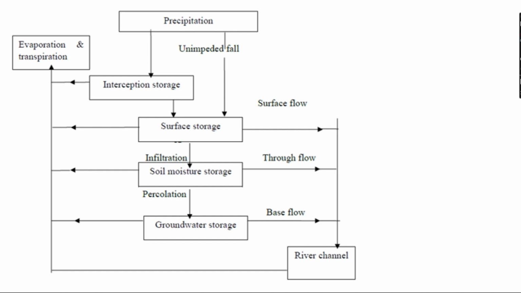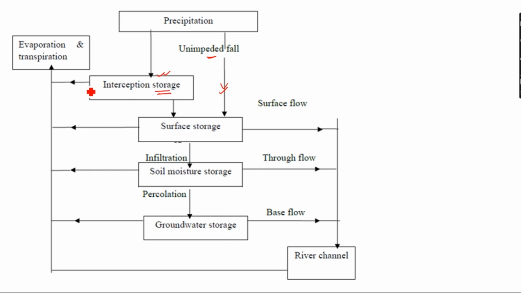They talk about this kind of a model which contains inputs, we have flows, we have storage, we have outputs, those four things. So once it rains, you can see when you have an impeded fall, this is what I was talking about as throughfall. Then we have interception. Interception is referred to as storage because the water will be stored on the leaves of the trees.